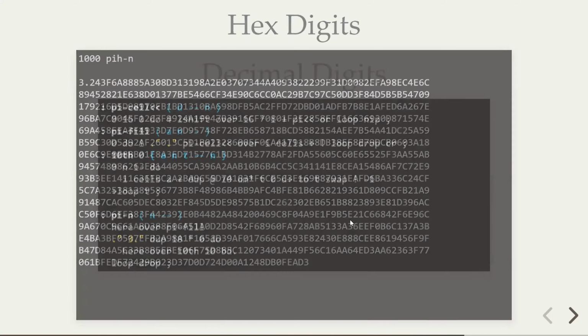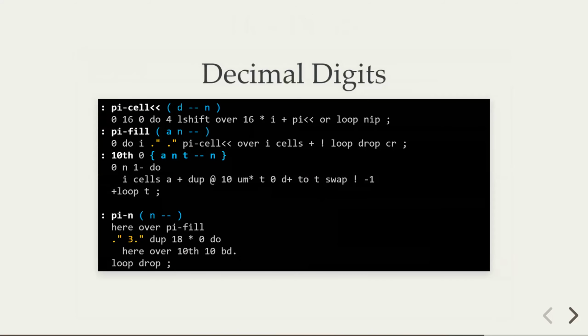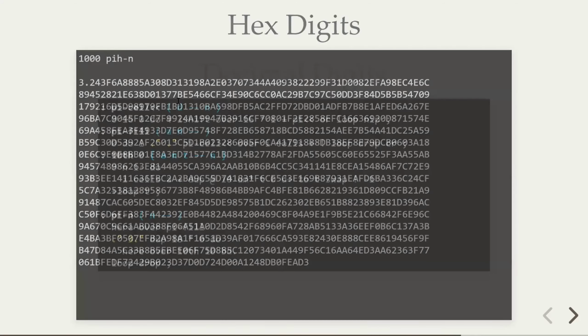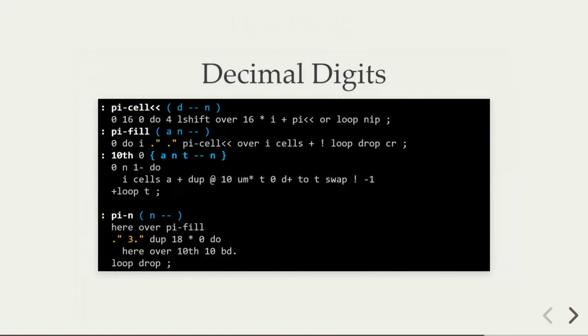So to make it work in decimal, you have one additional challenge. The method doesn't directly generalize to hex digits. What I've ended up doing is having a computation that does one cell's worth of hex digits, and then filling up a region of memory.